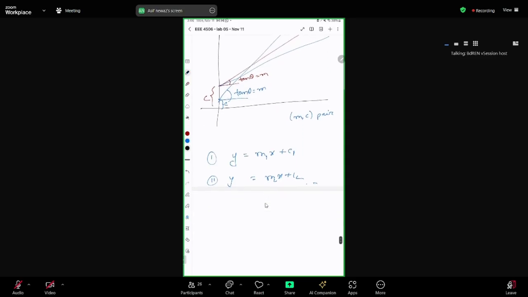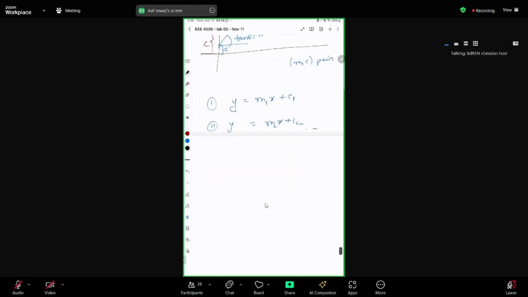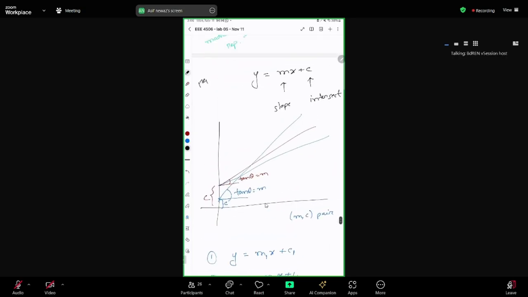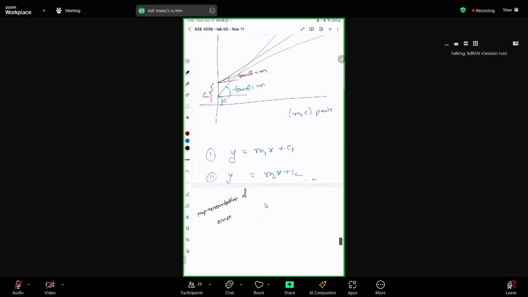Now the representation of error. So this was our representation of the line, and let's see how we can represent the error.